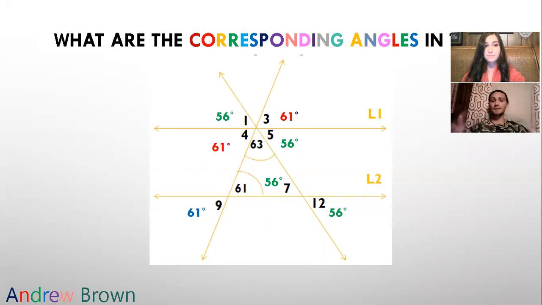With that being said, we have a few in this figure that correspond with each other. We have angles 1 and 7 that correspond to each other. Then we also have angles 3 and 61 degrees that are congruent. Angle 4 and angle 9 and angles 5 and 12 also correspond.